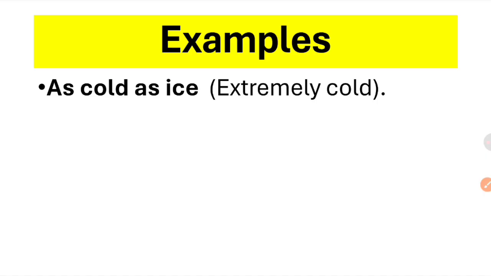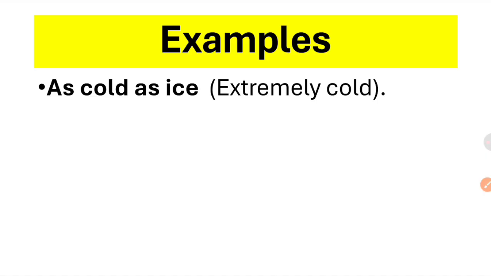Let's take other examples because it will definitely improve your understanding about the simile. As cold as ice. That means you want to compare something with the coldness of ice. So extremely cold, because ice is extremely cold. You can use it in any sentence, as cold as. For example, his emotions are as cold as ice.